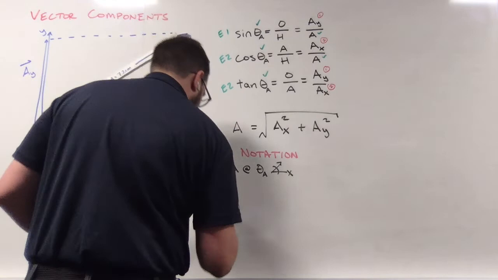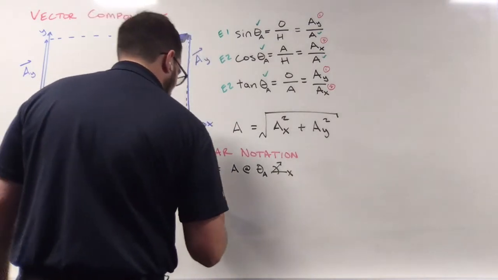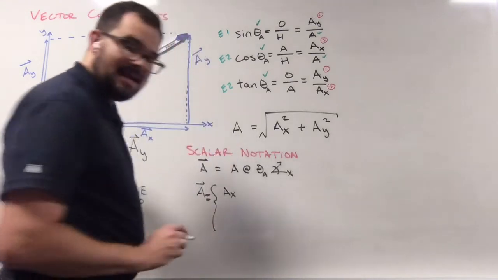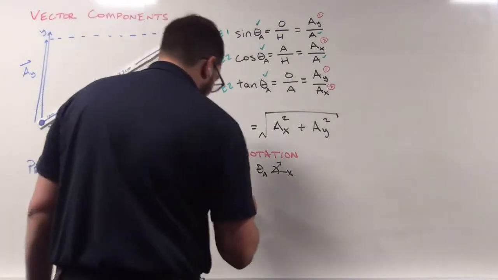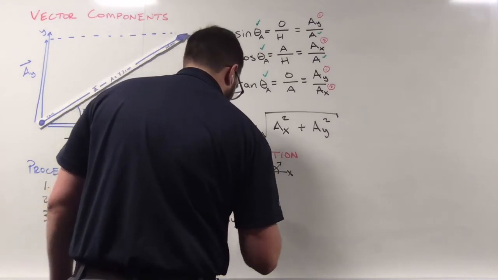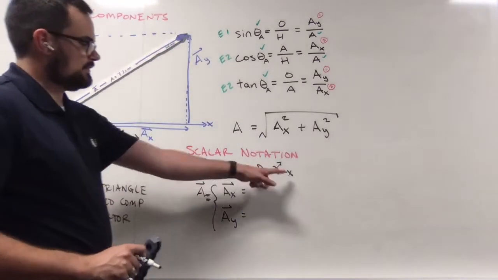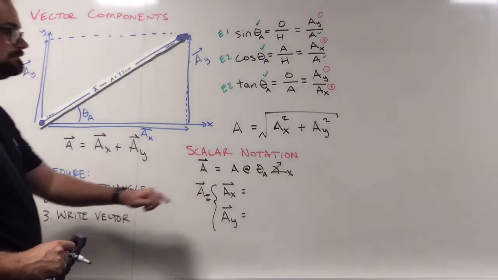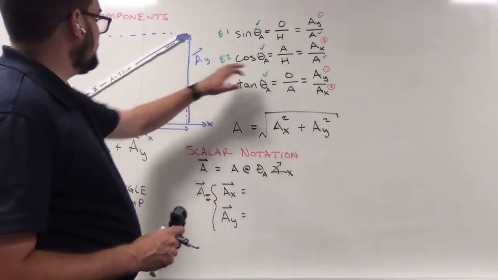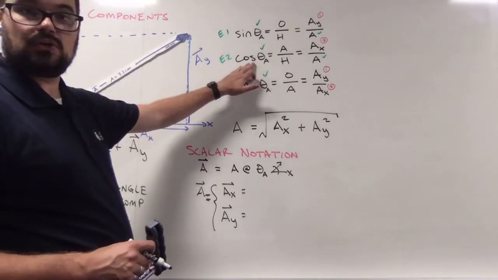But if we wanted to write its components, we would say that A is going to be equal to AX along the x-axis, so we're going to need an arrow there, and AY along the y-axis. And so magnitude and arrow, in this case what we're going to do is take a look at AX. In the way we've got this theta A described, we'd use the cosine.